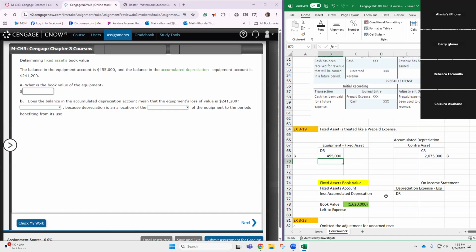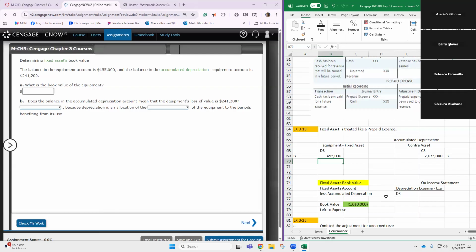The balance in the accumulated depreciation equipment account is, so you're going to draw these two that go together all the time. Accumulated, you can abbreviate. You just got to know what that abbreviation means. Accumulated depreciation for the equipment. And it's going to have a normal balance on the credit side.